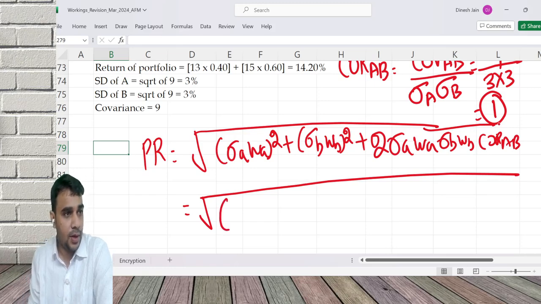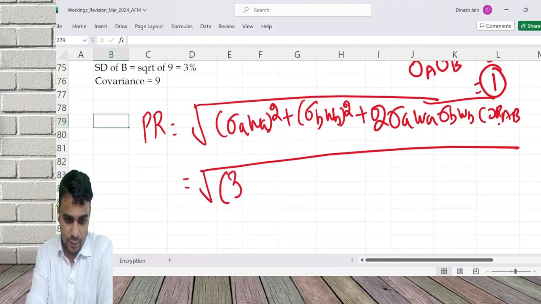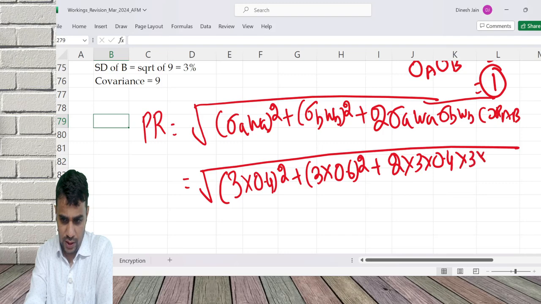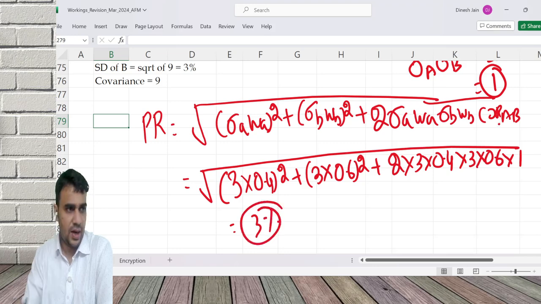What is the standard deviation of the first security? Second security. 2 into 3.4, 3.6 into 1. Final answer will be 3%.